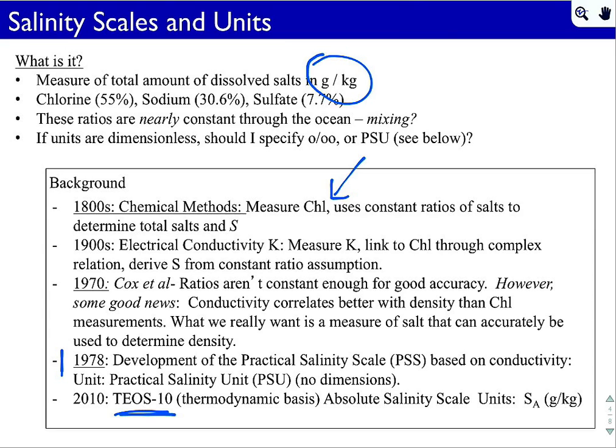It's also known as the absolute salinity scale, and essentially it incorporates conductivity as well as local variations in relationships between conductivities and the salts and the implications on salinity and density. The units of that are denoted SA, and it is not unitless. It is in fact true grams per kilogram.